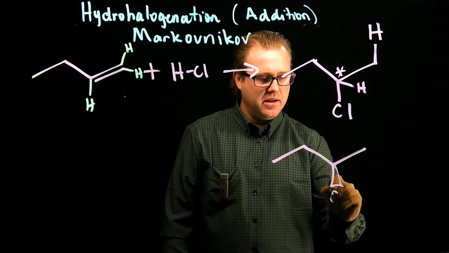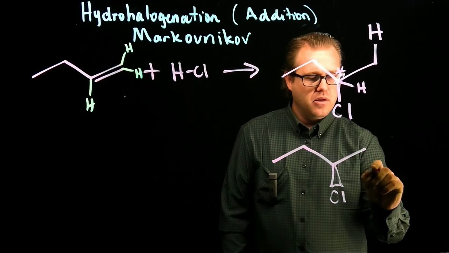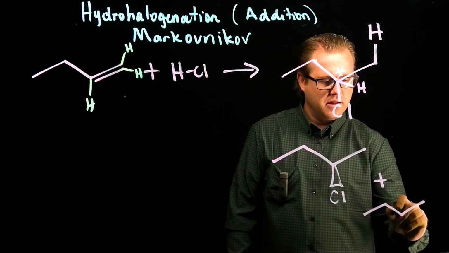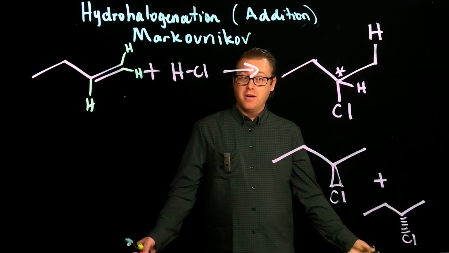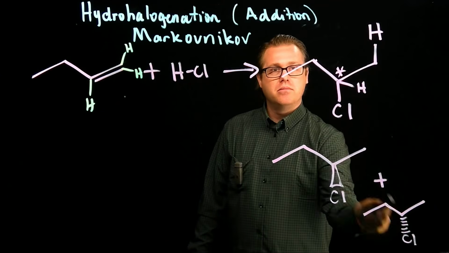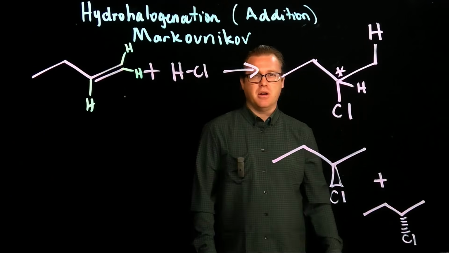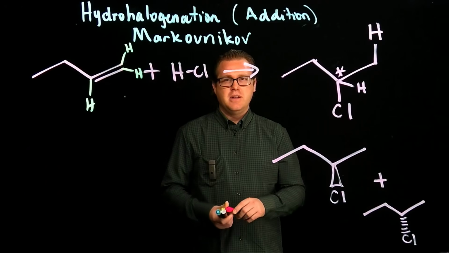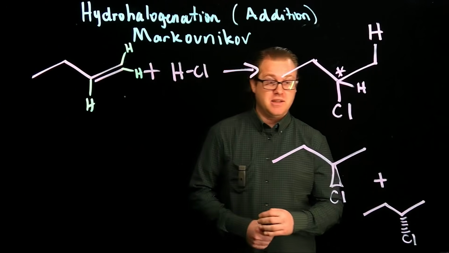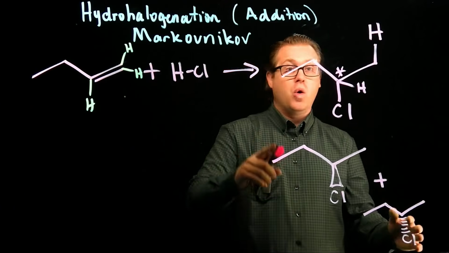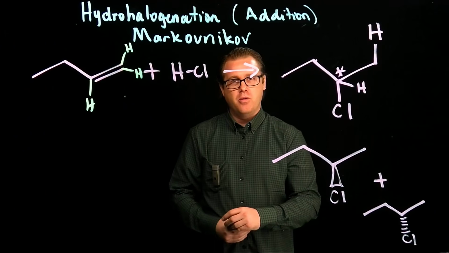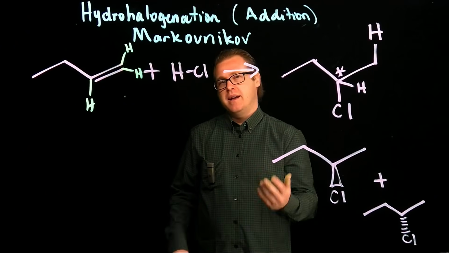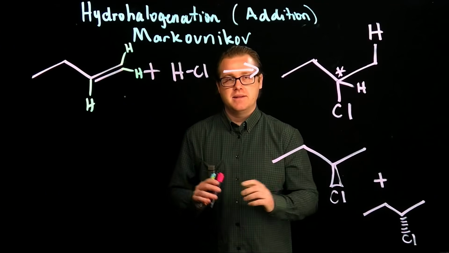Is it this guy? Or is it this guy? Or is it both of them? Is there a mixture? Very important questions. One or the other, or a combination of the two? How will you know? Do you already know what I'm going to say next? The mechanism.